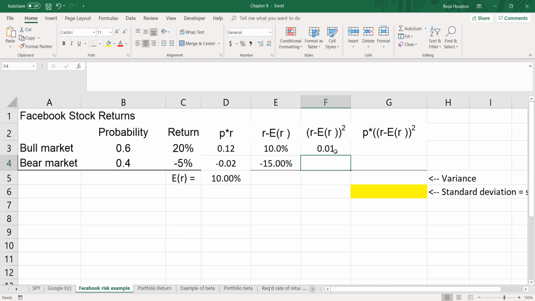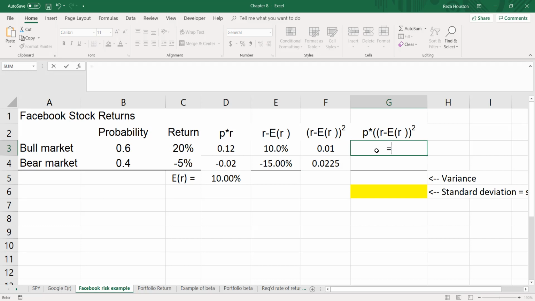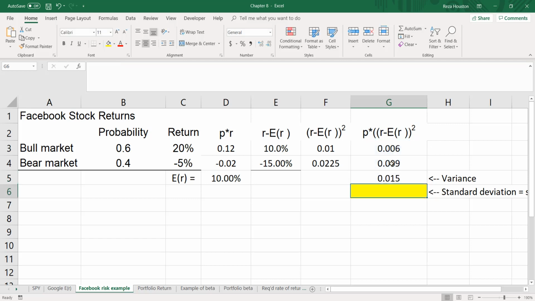And I'll copy this formula down. And finally, I'm going to calculate the probability of each case occurring times those squared deviations from the mean. All right, so that's that. The final steps are first to calculate the variance by summing all of this up, these probabilities times squared deviations from the mean, and then taking the square root of that.